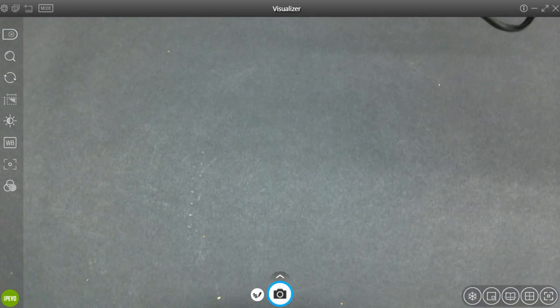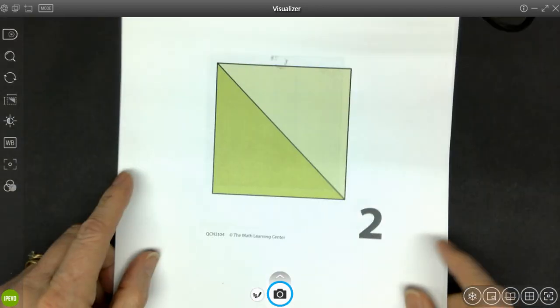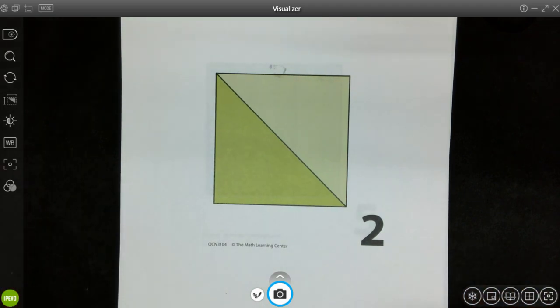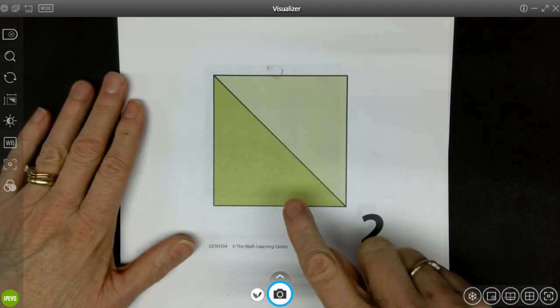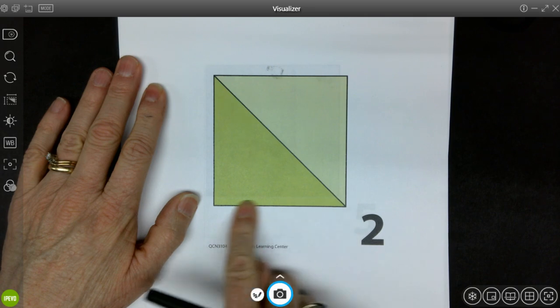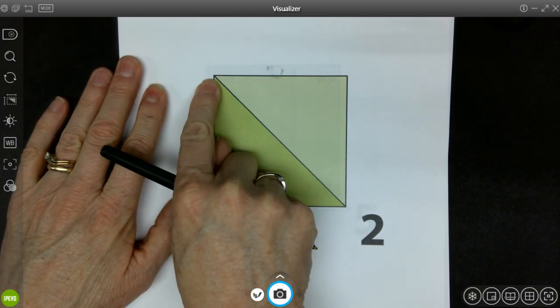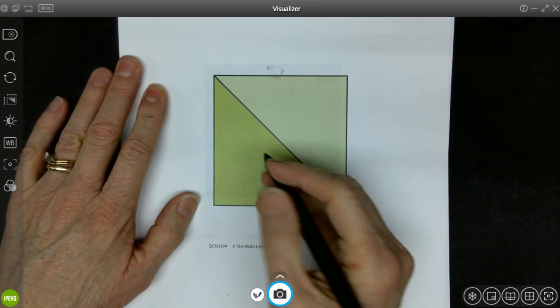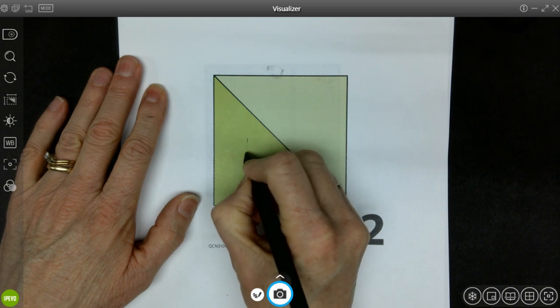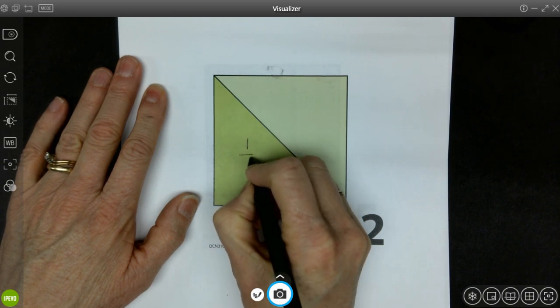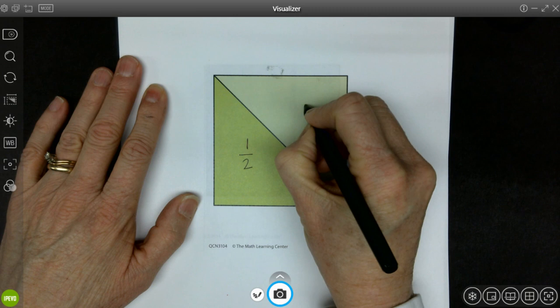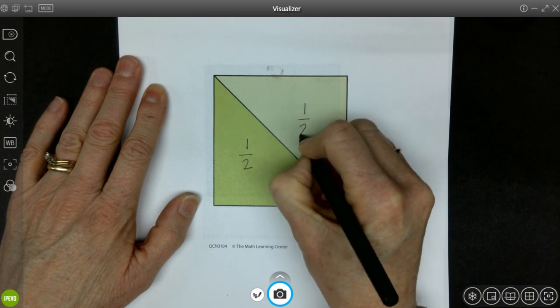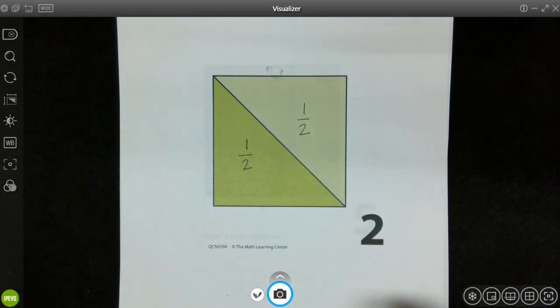So let's take a look at some of our calendar pieces. So we had this shape on December 2nd. Our whole all month long has been a square. This square is shared into two equal pieces, and so each of them could be called a half, or one of two equal pieces.